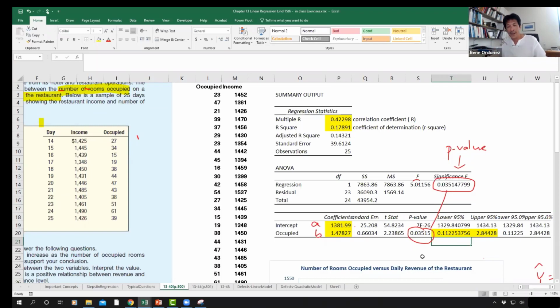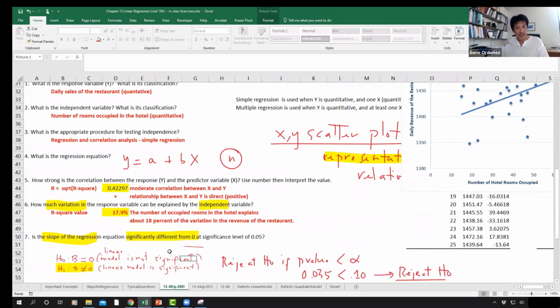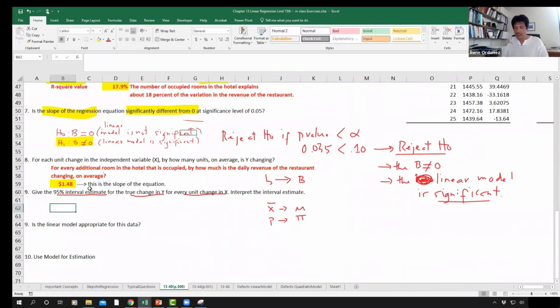So the answer to number 9 over here, the 95% confidence interval for the actual slope, in dollars, is 0.112, like 12 cents on the low end. On the high end, $2.84.